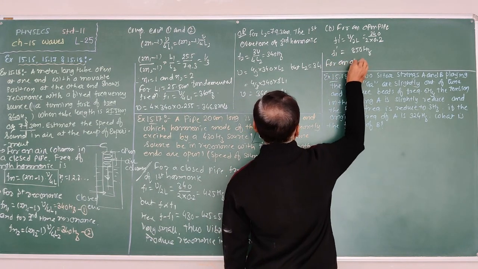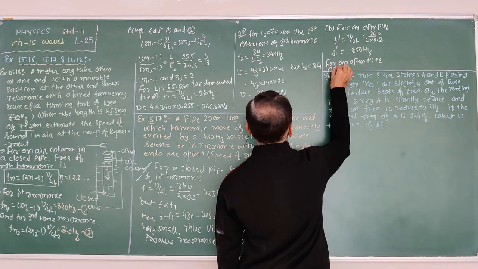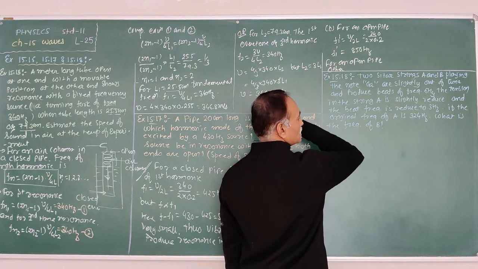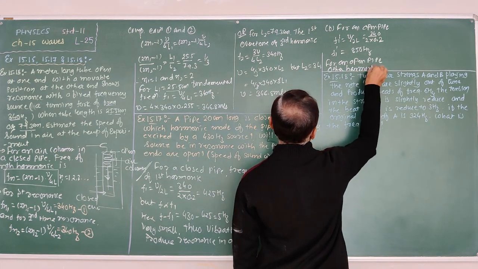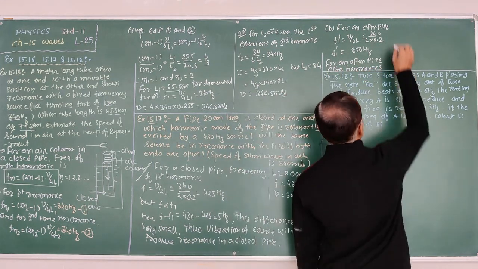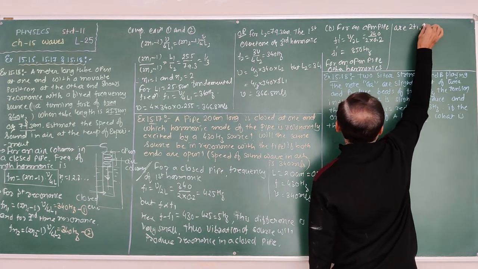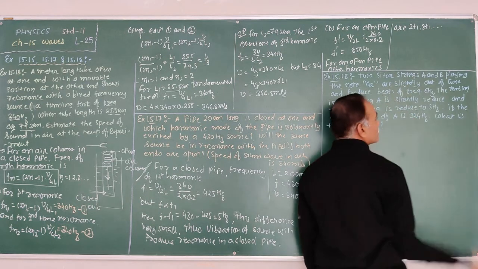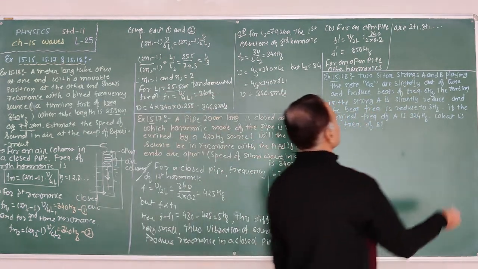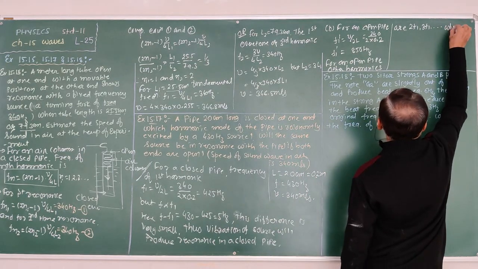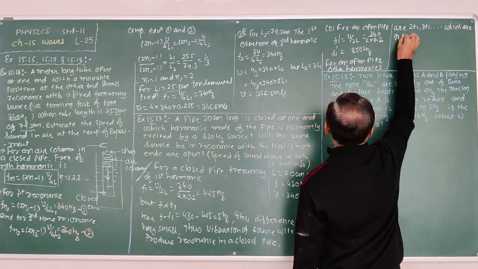For an open pipe, the other harmonics are 2F1, 3F1 and so on, which are greater than 850 Hz.